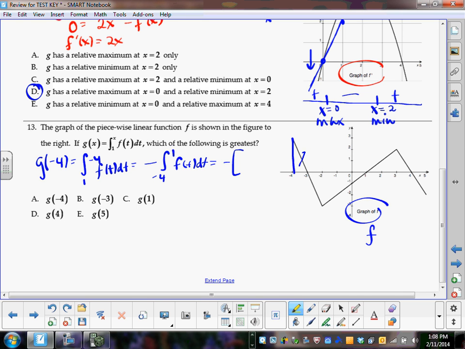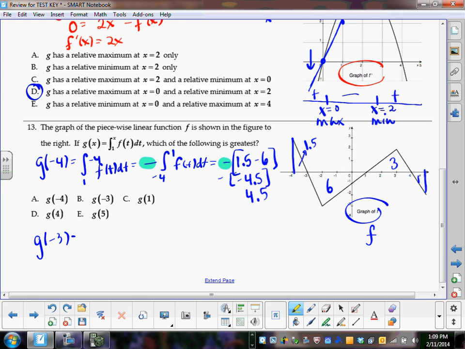And so I have 1.5, 6, 3, and 1. So for negative 4 to 1, I'm going to keep the negative factored out. From negative 4 to 1 is 1.5 minus 6. So it's negative 4.5. So positive 4.5.